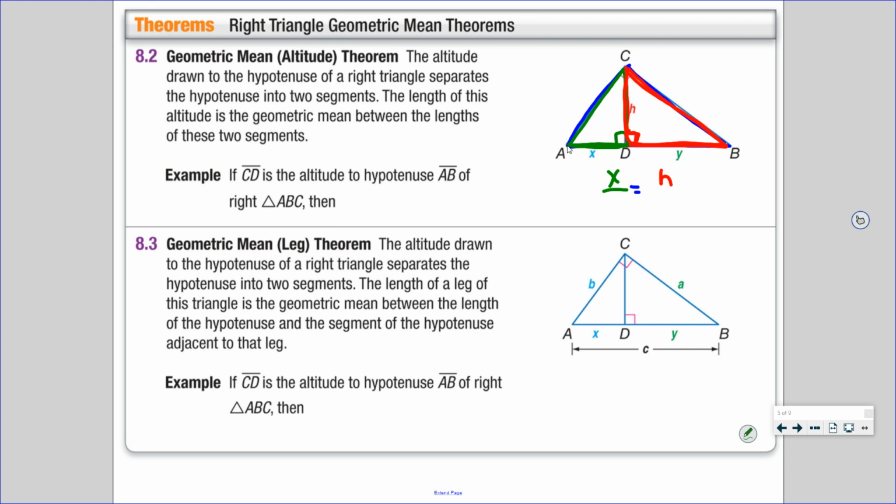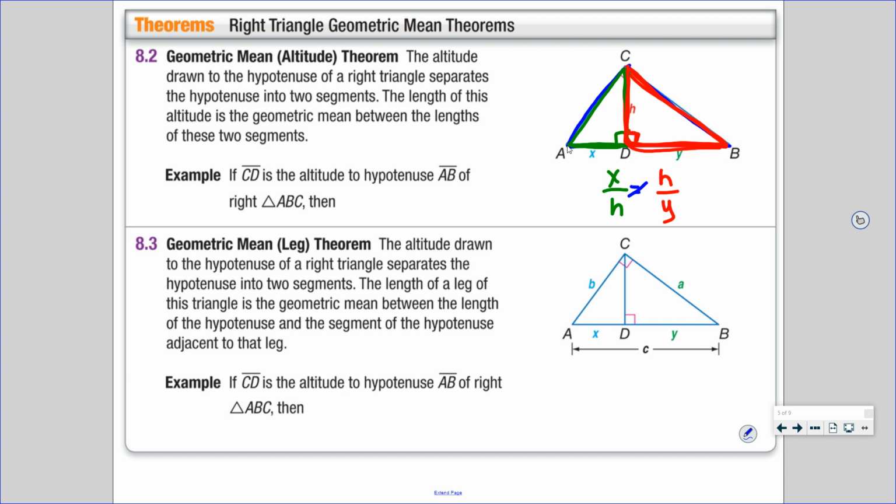All right, back to the green triangle. h, which is my longer leg, corresponds to, in my red triangle, y, which is my longer leg. Those are the corresponding sides. If I were to cross multiply this, watch what happens.